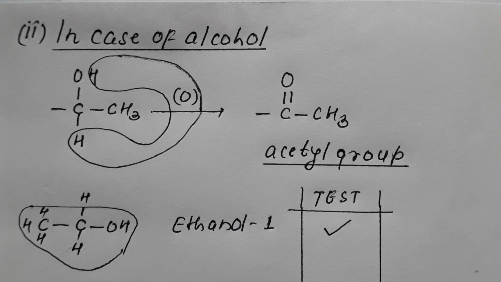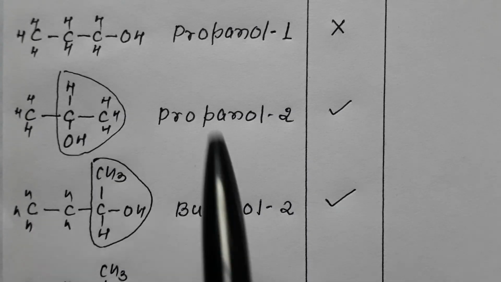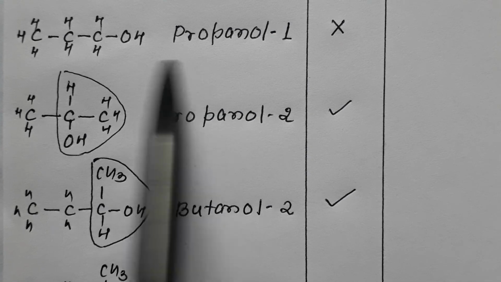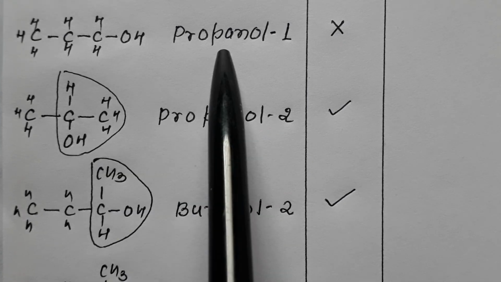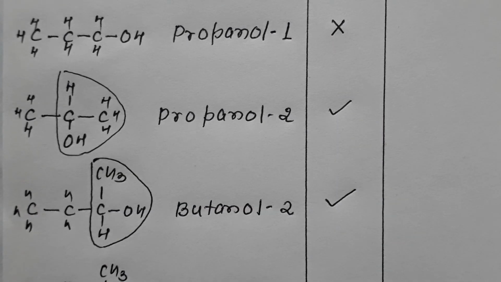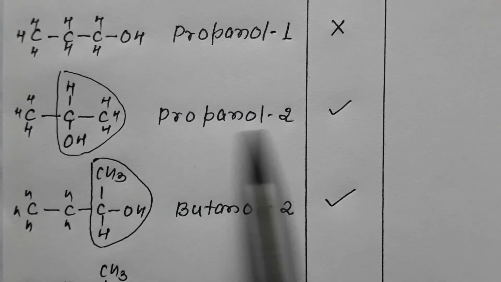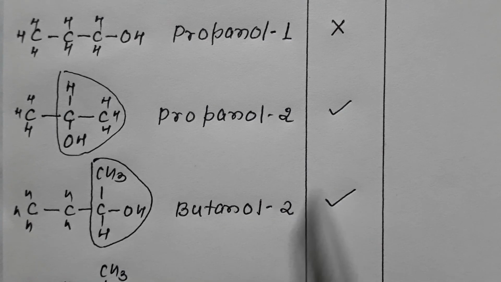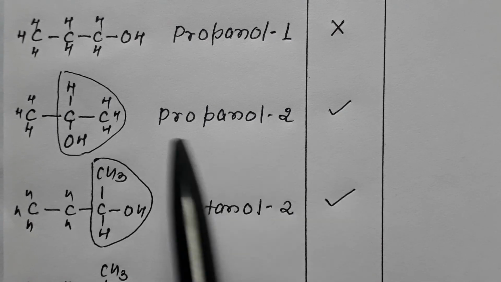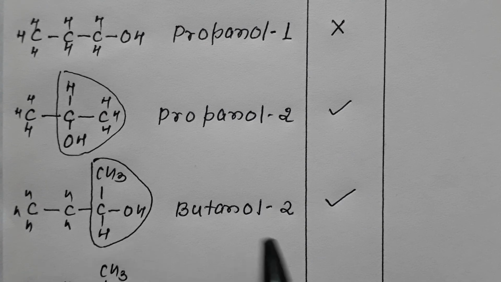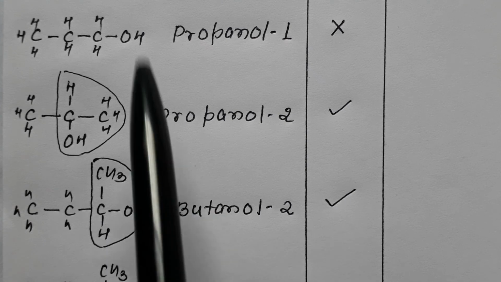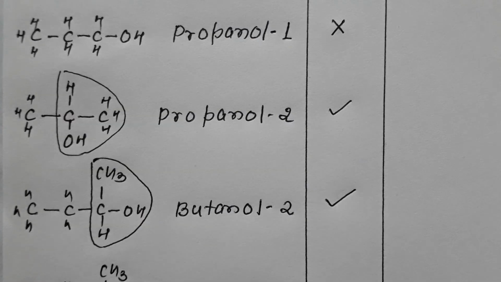So let us discuss more reactions. Propanol 1 does not have this group, so it will not give the test, whereas propanol 2 contains this group, therefore it will give the test. Butanol 2 contains CH3, CH2, CHOH, CH3, so butanol 2 gives this test. Ethanol has this group, it will give the test.